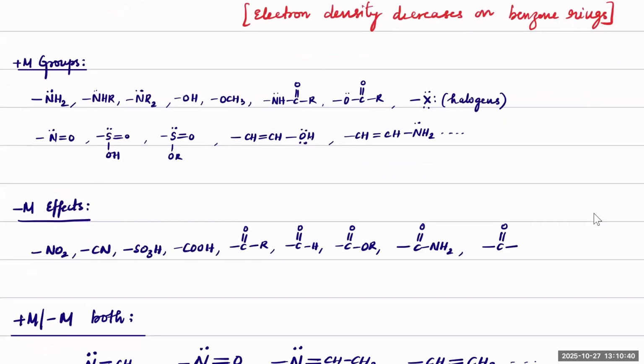Okay. Check out what the plus M groups are. You may have noticed that all of them have a lone pair on them. So NH2, NHR, NR2, OH, OCH3, NHCOR, OCOR, halogens, then NO, SO, SO2H, SOR, and then double bond, and then double bond OH and double bond NH2.